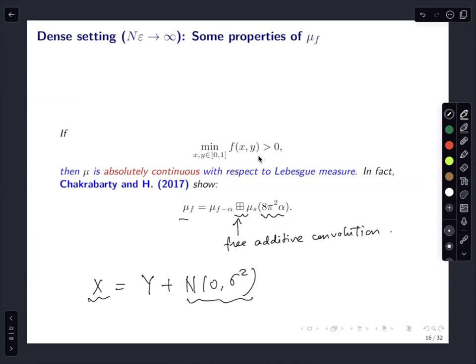And the same thing happens in the non-commutative space, where the normal is replaced by the semicircular law. So this suggests that there is a structure which comes out of the semicircular law in your mu f also, and somehow that helps you get absolute continuity.